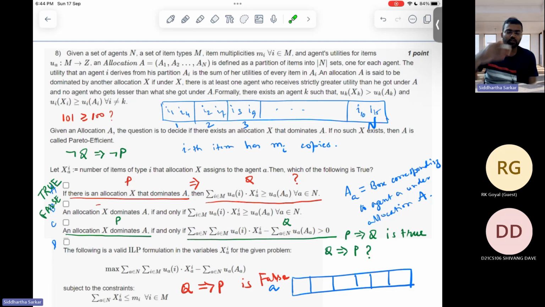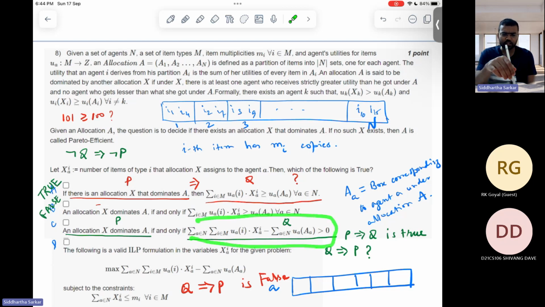So therefore, if the domination has to be true, then nobody should suffer in the process of increasing the utility of one person. So it has to be equitable. It has to be distributed equally, or rather, it has to be distributed justifiedly. But that may not happen.